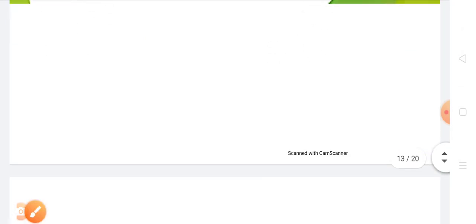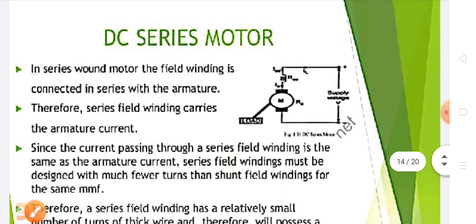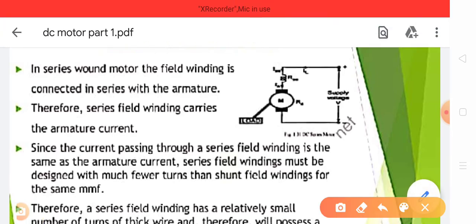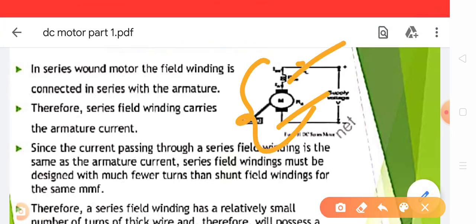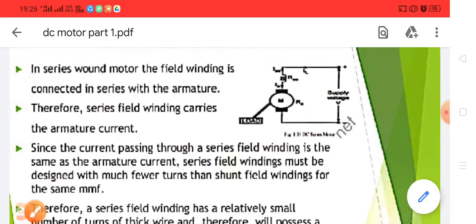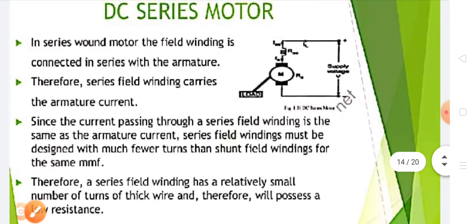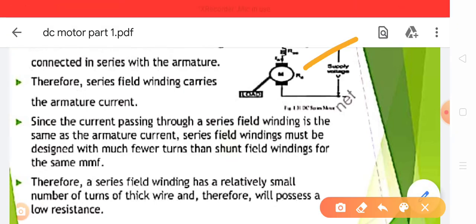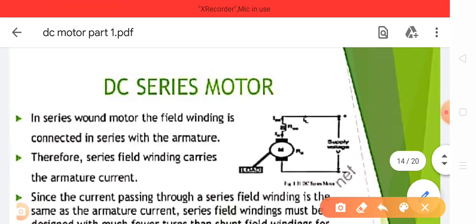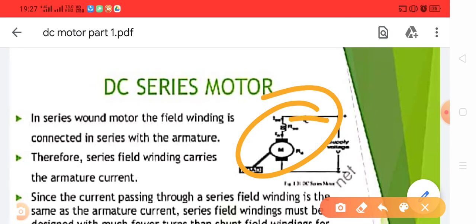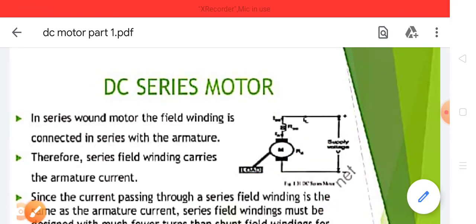Next, the DC series motor is nothing but the armature winding and the field winding both connected in series. This type of motor is called a series motor. In the series motor, whenever you vary the resistance value, there will be a change in the current value also. Here, in the series circuit, ISC, IL and IA are the same.